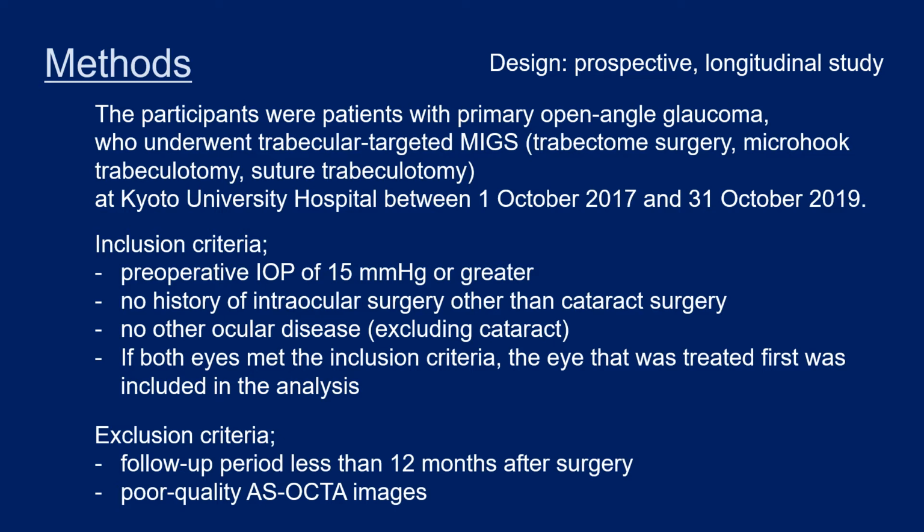Inclusion criteria were preoperative IOP of 15 mmHg or greater, no history of intraocular surgery other than cataract surgery, and no other ocular disease. If both eyes met the inclusion criteria, the eye that was treated first was included in the analysis. Exclusion criteria were as shown.